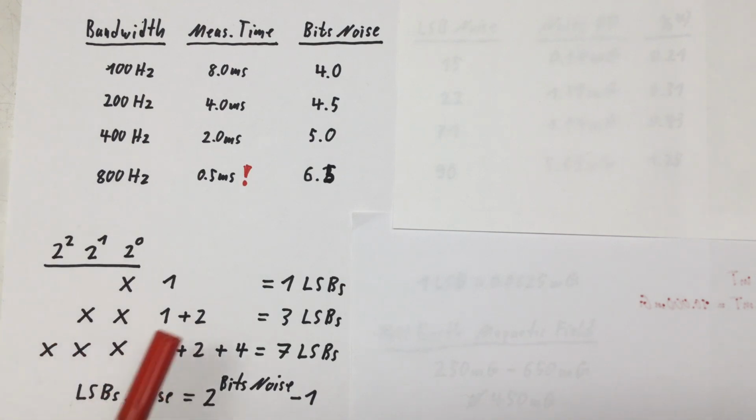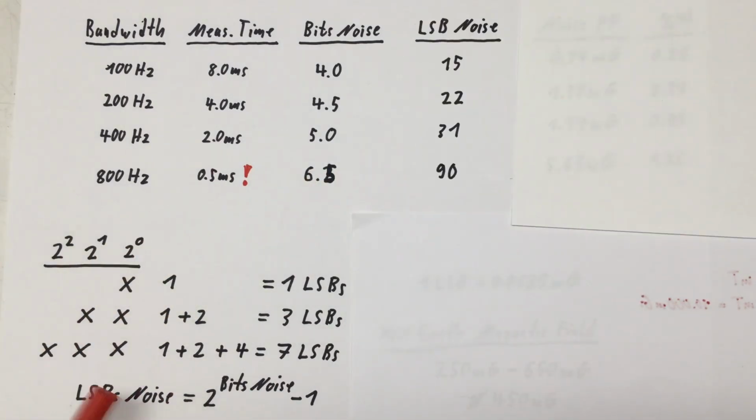So we have 1 plus 2, so 3 LSBs noise. And if the last 3 flip around, the third bit has the value 2 to the power of 2, so 4. We have 1 plus 2 plus 4 equals 7 LSBs noise. So the general formula is that our LSB noise is 2 to the power of the number of bits at the end we have noise, minus 1.